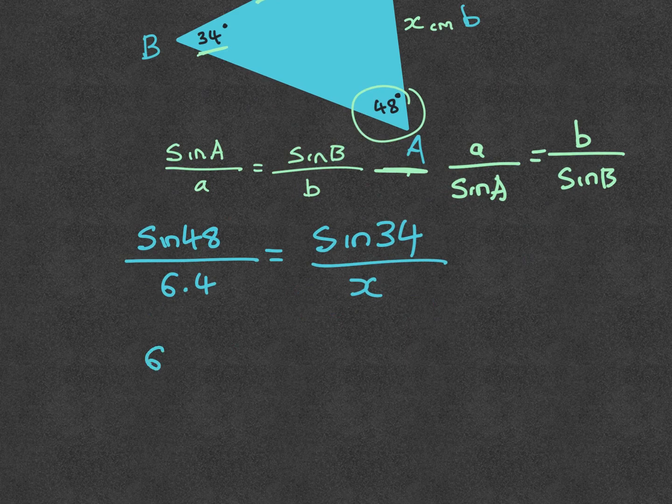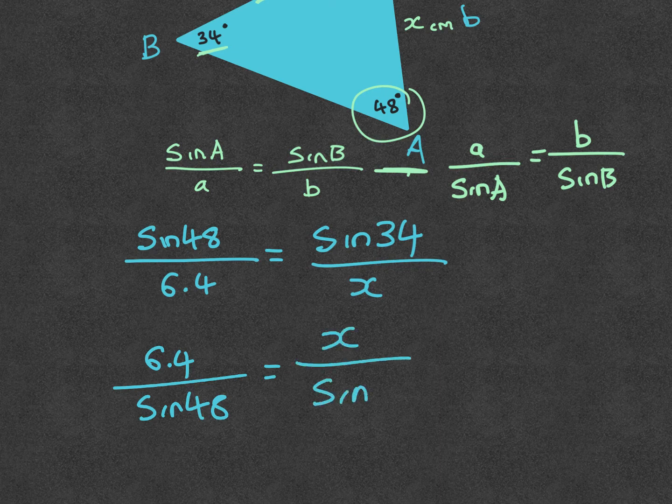So I'm going to now have 6.4 over sine of 48 is equal to x over sine of 34. Now we multiply both sides by the sine of 34 because we want x to be by itself. Over this side here it cancels out.